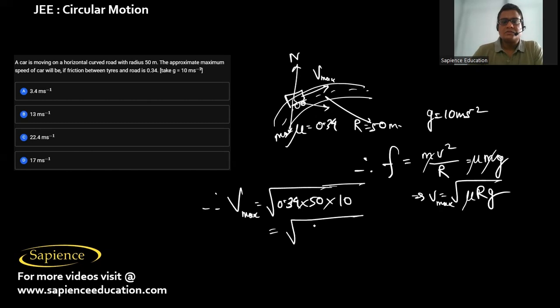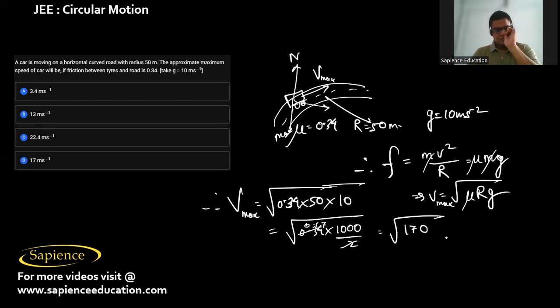This will be equal to square root of 0.34 into 500. So I can tell 1000 by 2. So this will be 2 1s are 2, 2 7s are 14. So root over 170. Root over 170 is approximately square root of 169, that is equal to 13. So it is 13.1 approx meter per second. So option B is the correct answer.